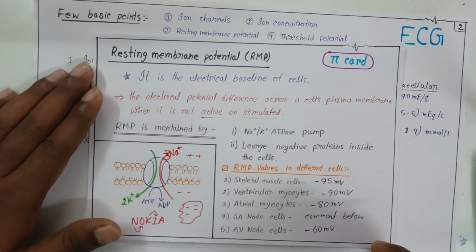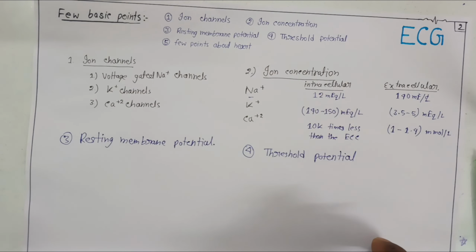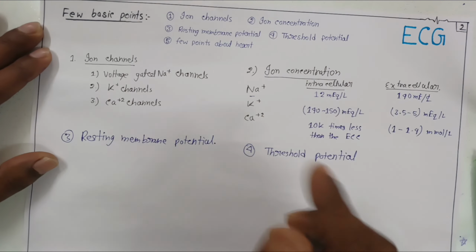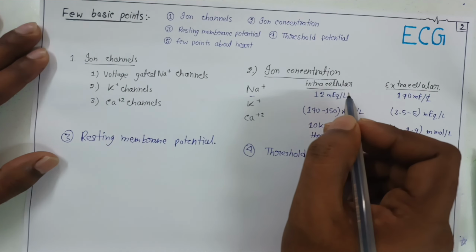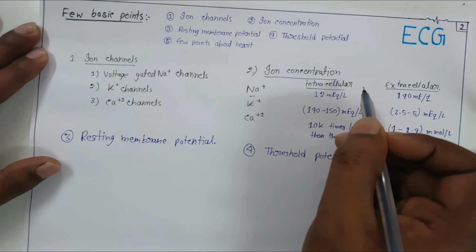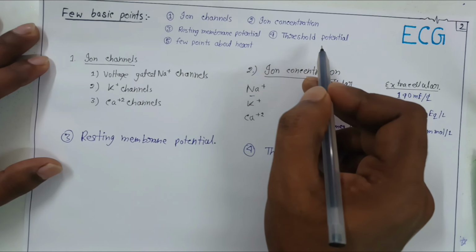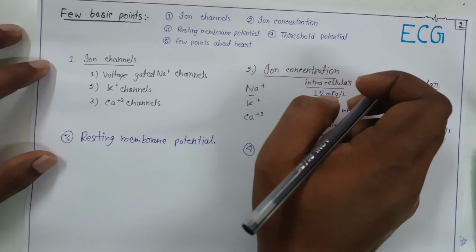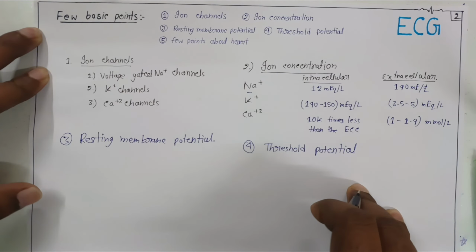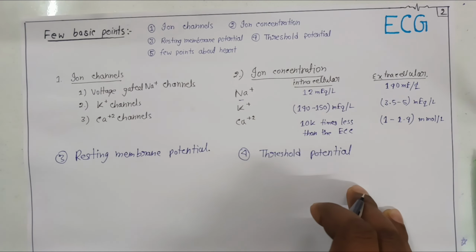So we have understood the ion channels, intracellular and extracellular concentration of ions, threshold potential and resting membrane potential. Now let's discuss a few points about the heart.